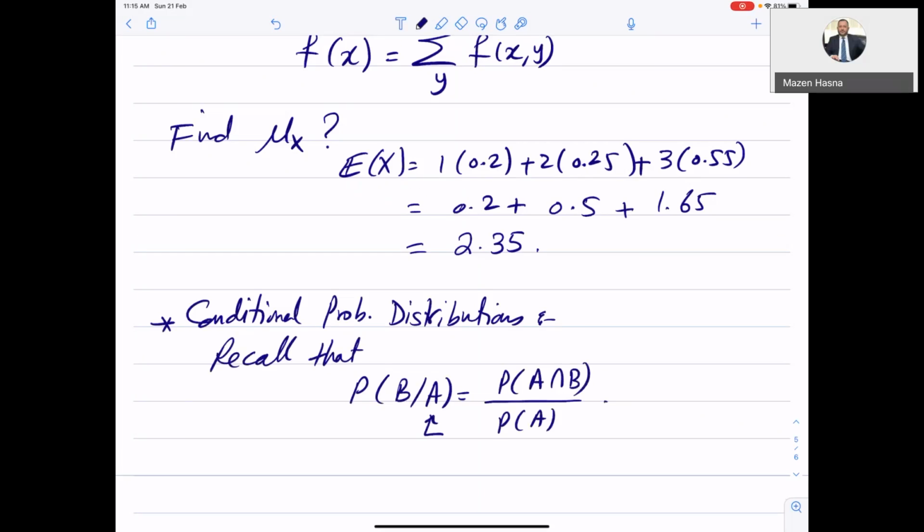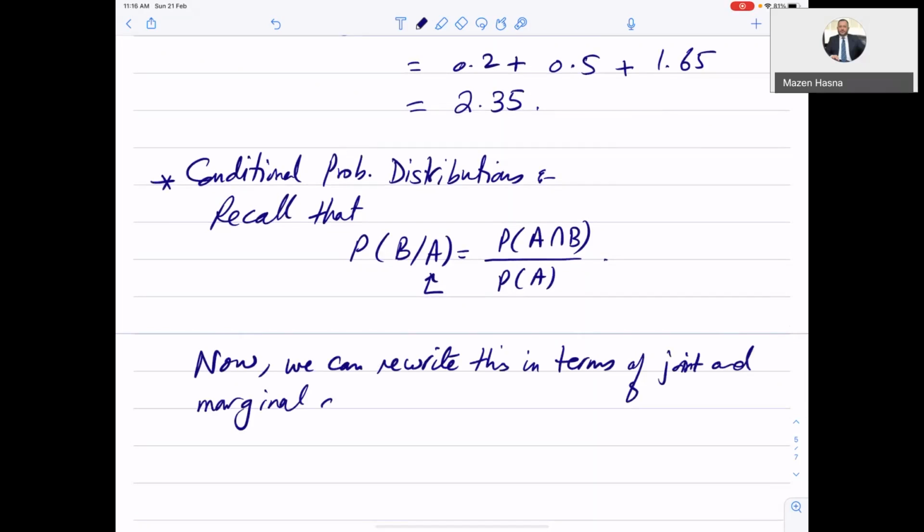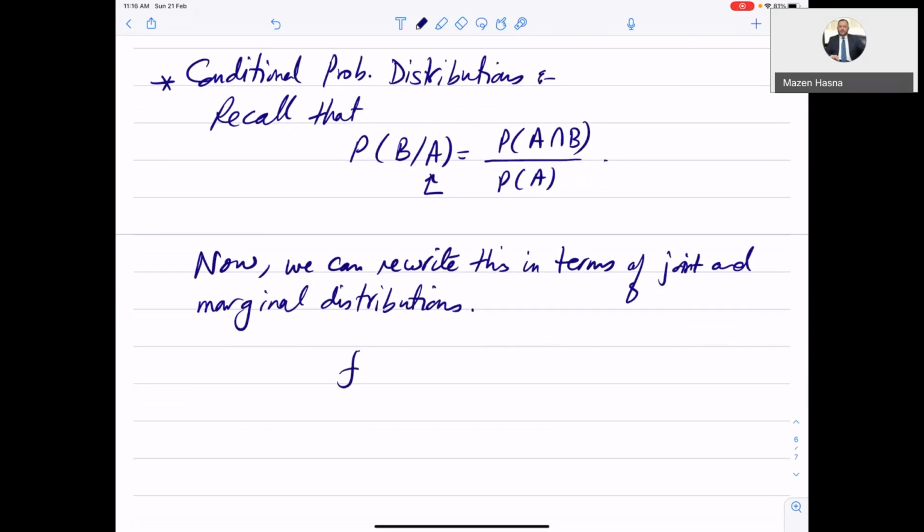So now we can rewrite this in terms of joint and marginal distributions simply as f of y given x of y, because x already happened, this will be just the joint of x and y over the marginal of x.